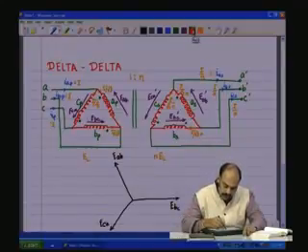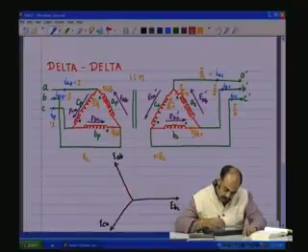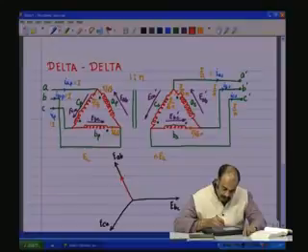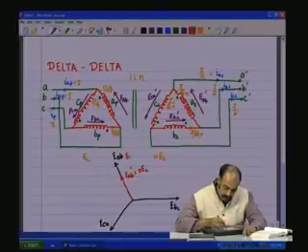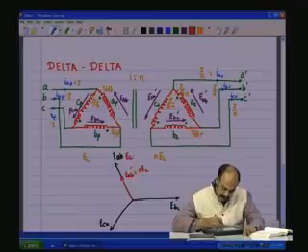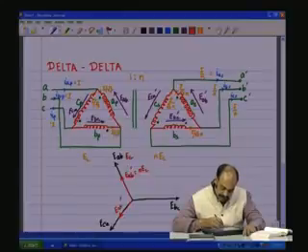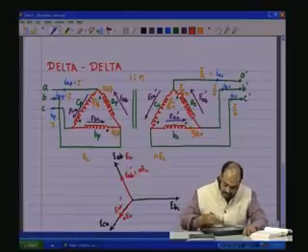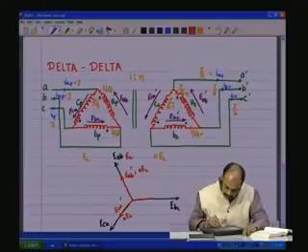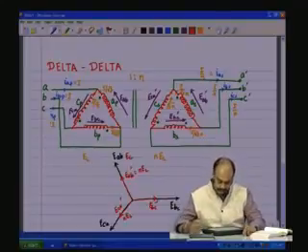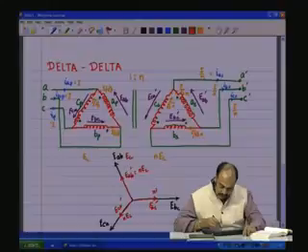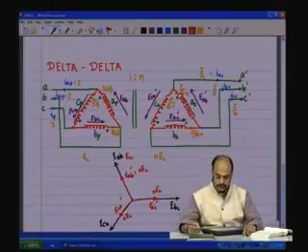So, let us say that we have EAB prime, which is n EL, this is EL if n is less than 1, let us say, and then you have ECA prime, which is again n EL, and you have EBC prime, which is also equal to n EL effective value.